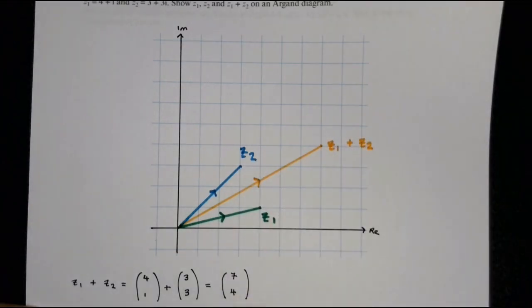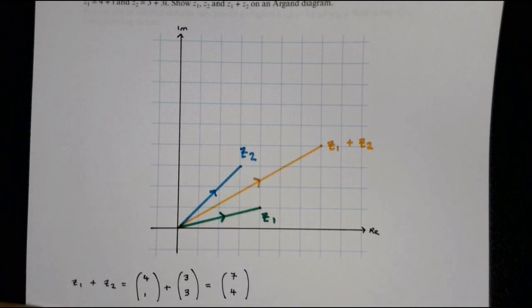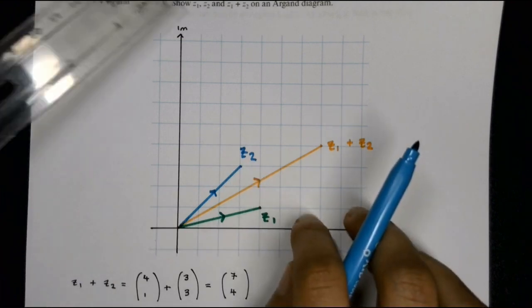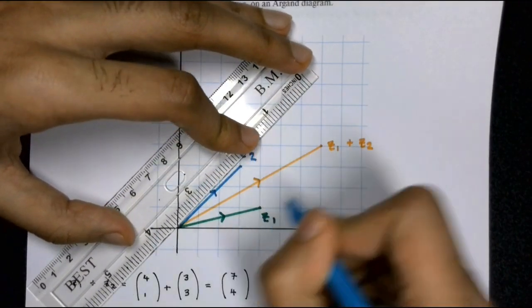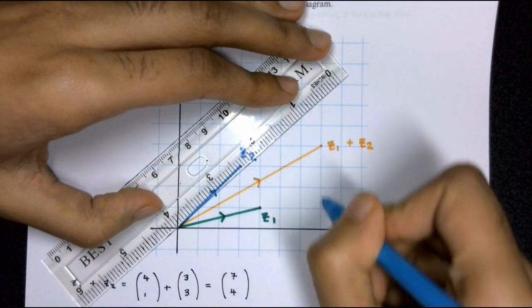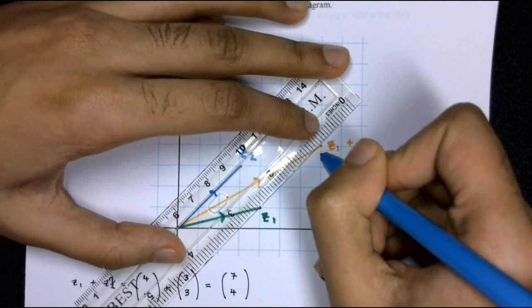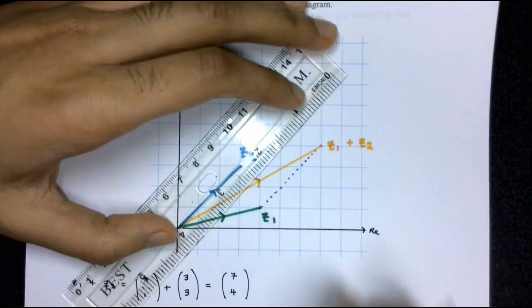And this makes a lot of sense. We have z1 plus this vector over here. Using vector addition, we have z1, and then from z1 we're going to go 3 across and then 3 up. So effectively, this is what we're doing.